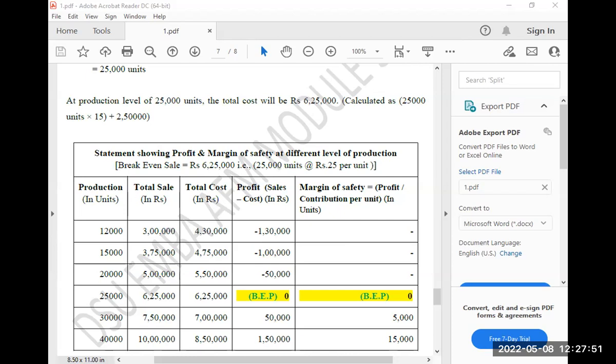If you divide that by PV ratio, you will get it in rupees, in value. If you take it by contribution per unit, you will get it in units. You can't assume whatever is coming. That's all. Nothing like per unit.